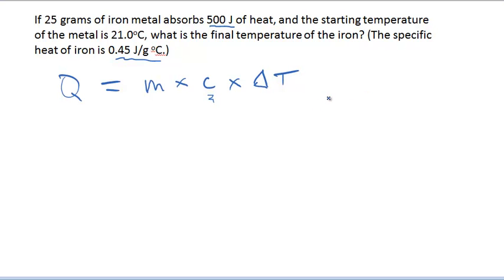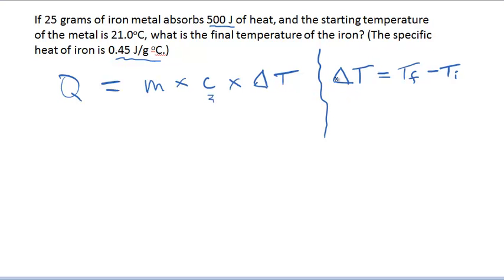Okay, and one thing that the book does not mention, I don't believe, is the change in temperature. There's a very specific way to calculate that. Delta T is defined as T final minus T initial. All right, so the point that I want to make clear is that this delta T is not an absolute difference.